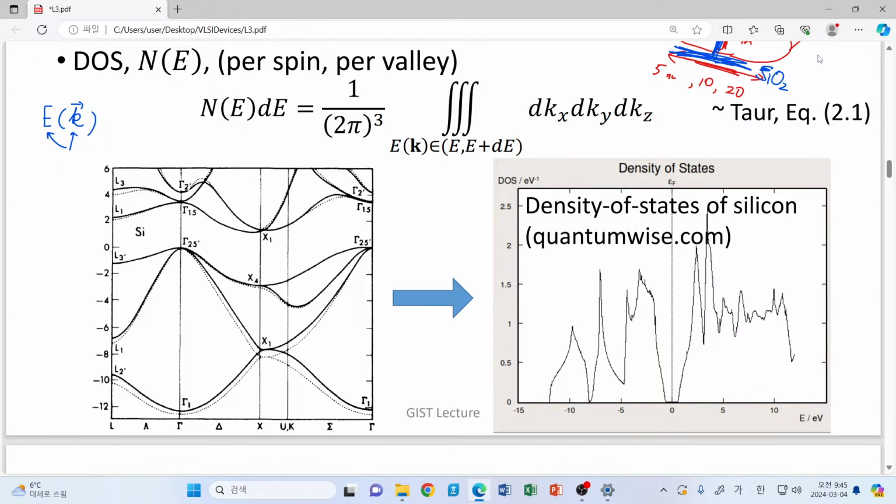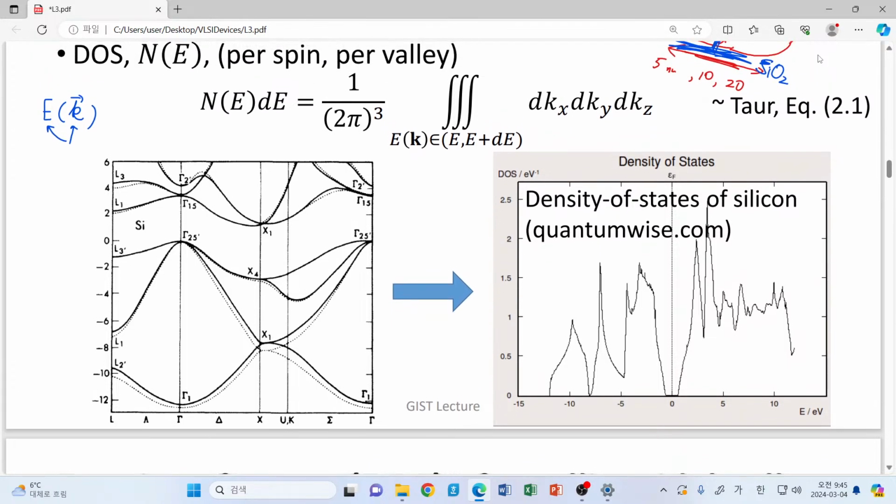Okay, this one is corresponding to our desired K space. Then you just add it up to your bins. So once you have the E-K diagram or E-K relation, then immediately you can calculate the density of state.